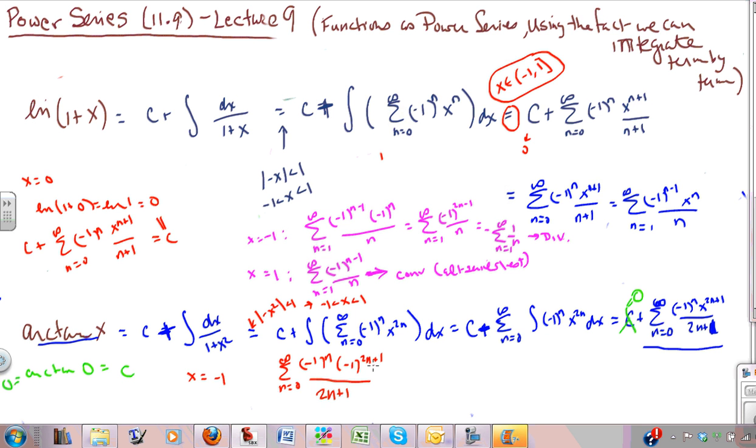And the thing is, 2n plus 1 is always odd, so negative 1 to that is always negative. So that's negative the sum from n equals 0 to infinity of negative 1 to the n over 2n plus 1, which is an alternating series that goes to 0. This converges by the alternating series test.